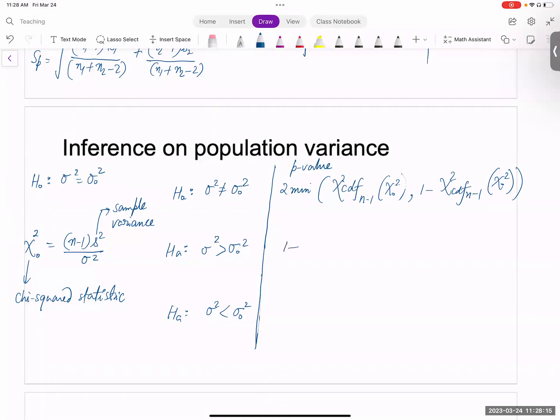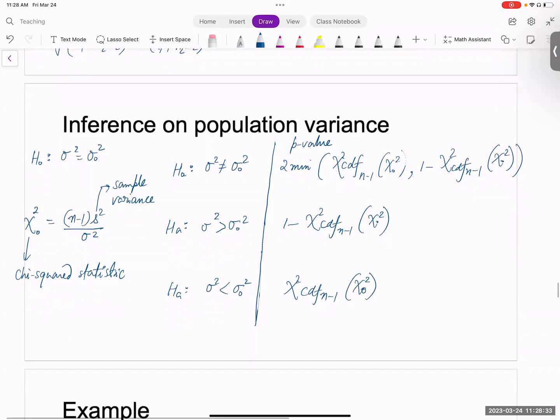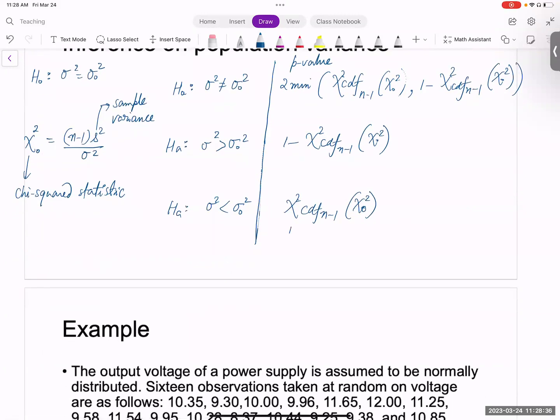For the second case, p-value is 1 minus chi-square CDF with n minus 1 degrees of freedom at chi-square 0. And then the last one is chi-square CDF with n minus 1 degrees of freedom at chi-square 0. And this chi-square CDF is actually a function on your calculator, which is probably chi2cdf, if I remember correctly: 0, comma, chi-square 0, comma, n minus 1. That's how you would do hypothesis testing here.